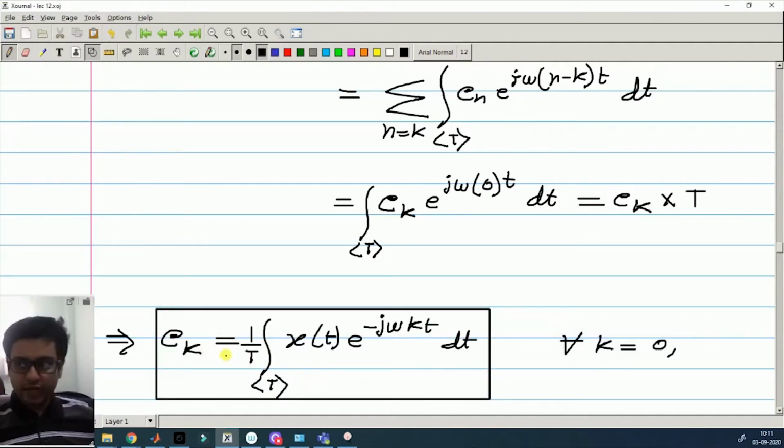This way you can determine the value of Ck for all k, 0, plus or minus 1, plus minus 2, 3, etc.